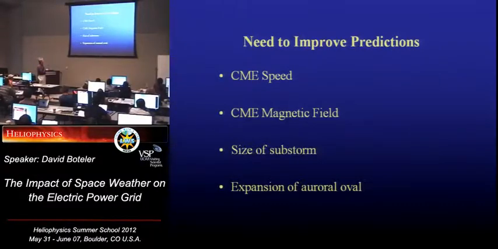The big thing, of course, that we're still missing is knowing what the IMF orientation is in the CME. That's really the holy grail. If we can find a way to detect that before it gets to ACE sometime out, that will be big. And then the size of the substorms and being able to predict how much the aurora is going to expand will be a key thing for us.